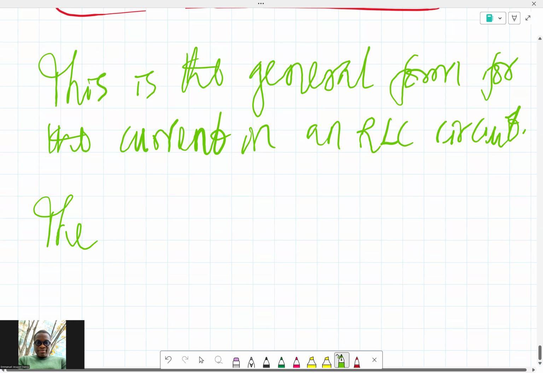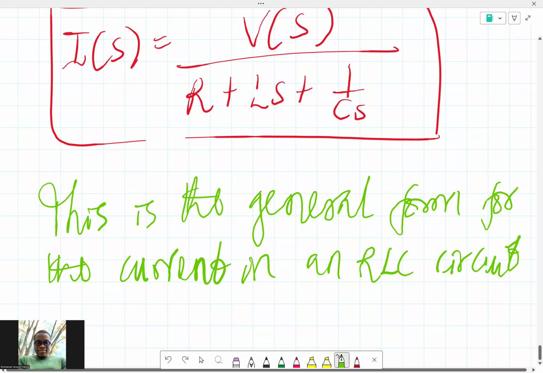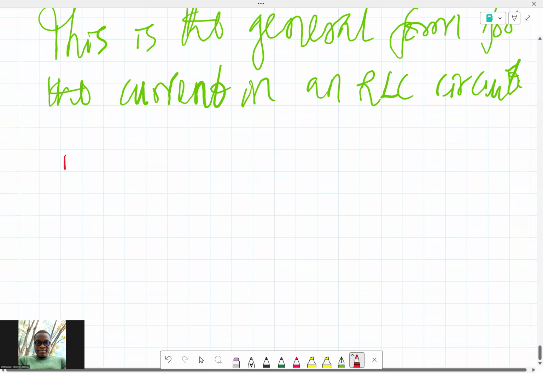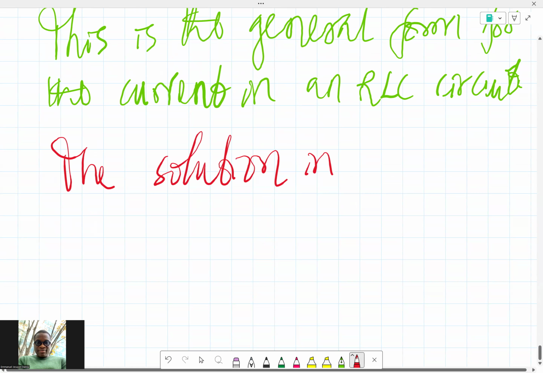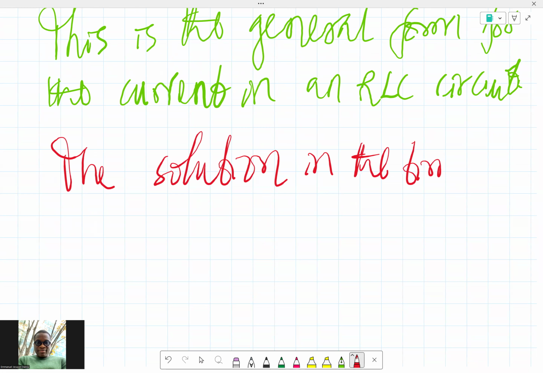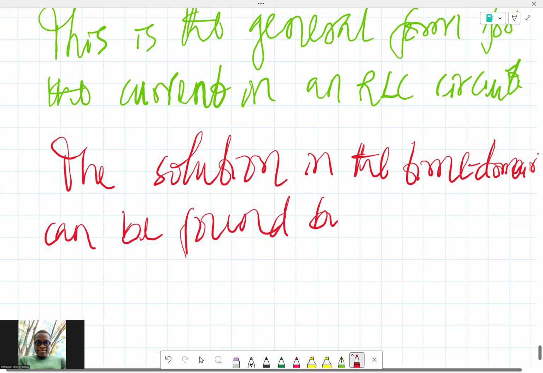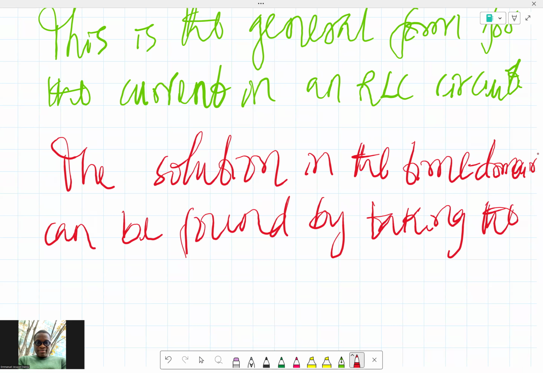The solution in the time domain can be found by taking the inverse Laplace transform.